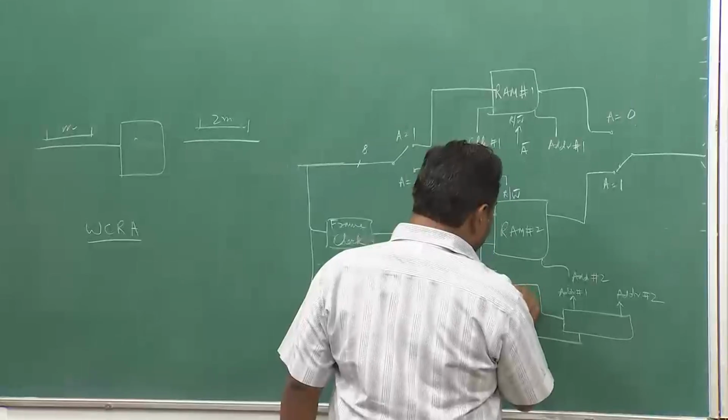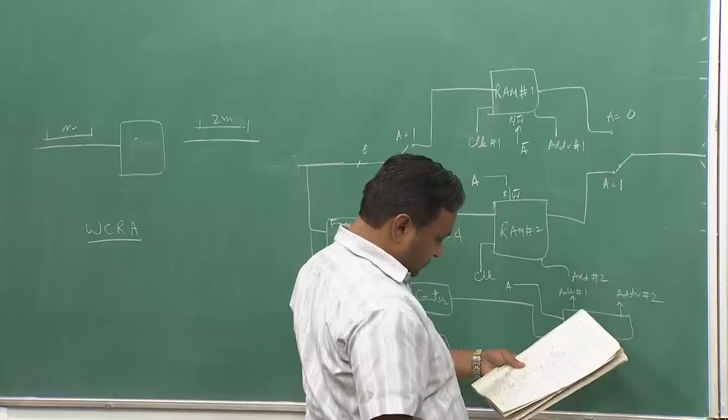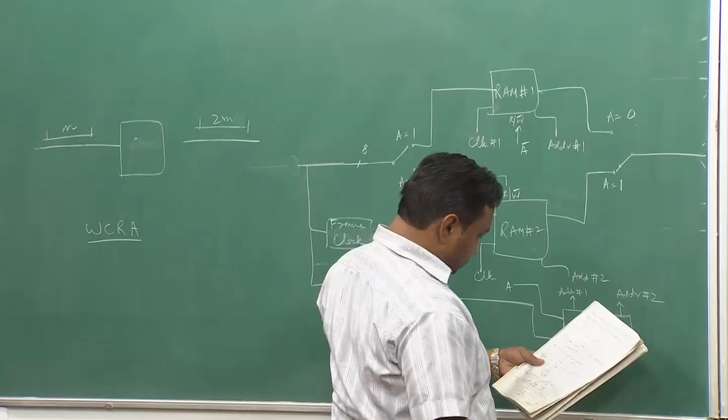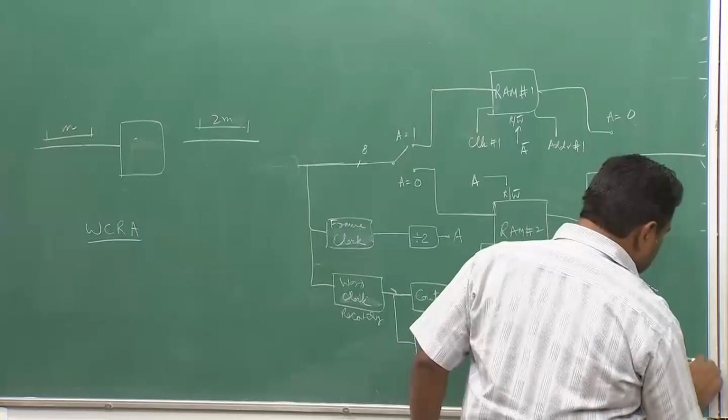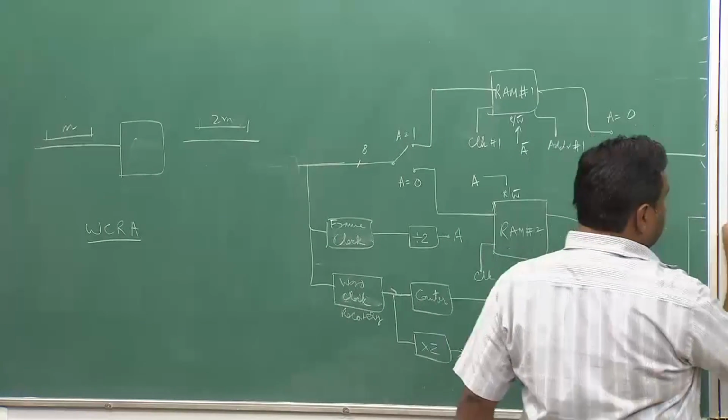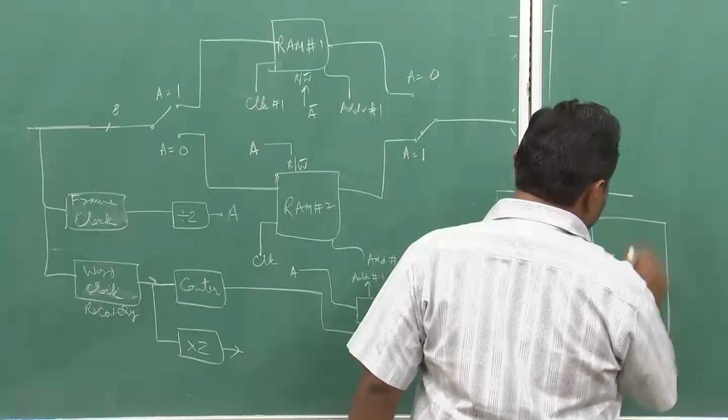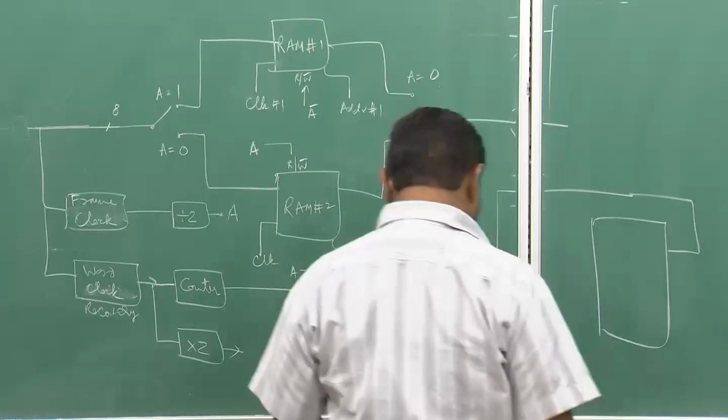So this will be driven by A. And this one will go to control memory output. Okay.